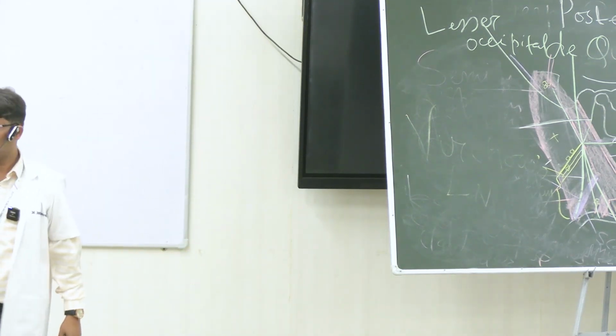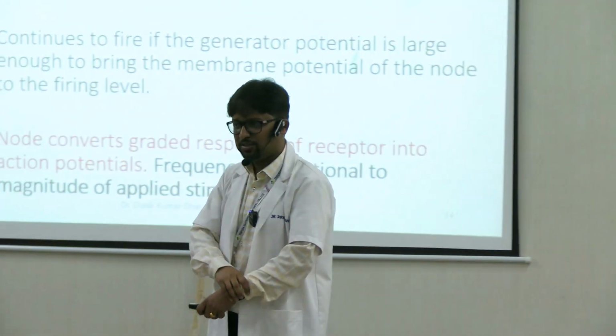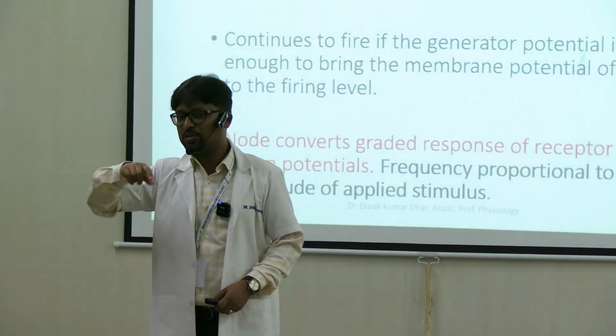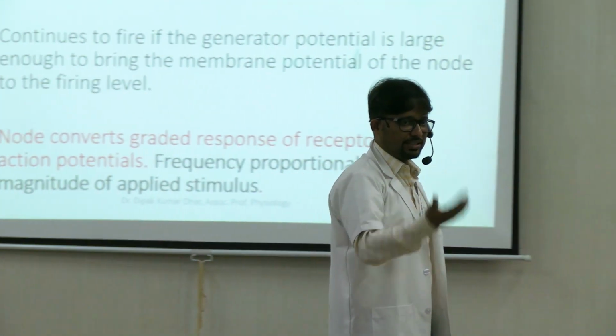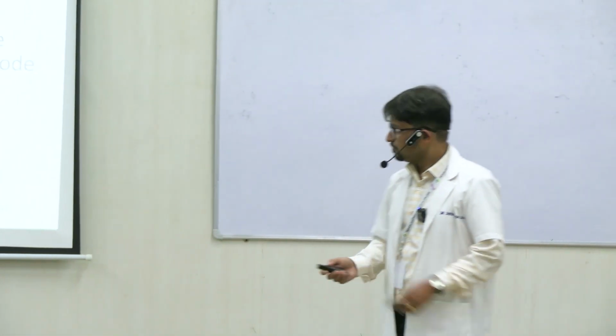Right? So if I ask you, how does the brain know what was the strength of the stimulus applied, pain stimulus or touch stimulus applied? The number of action potentials or impulses reaching the brain tells the brain what was the intensity of the stimulus, right? So sensory coding.